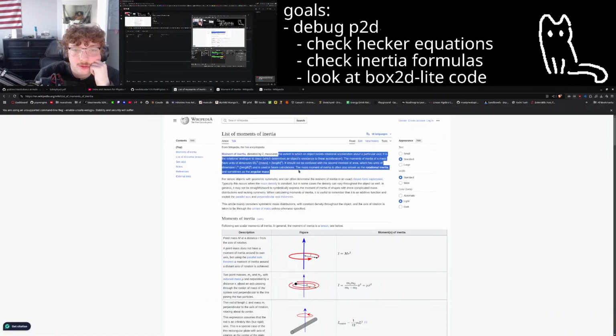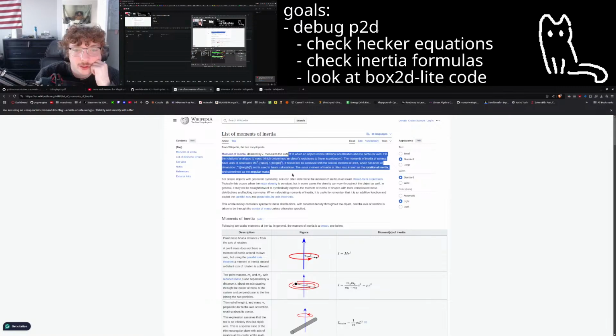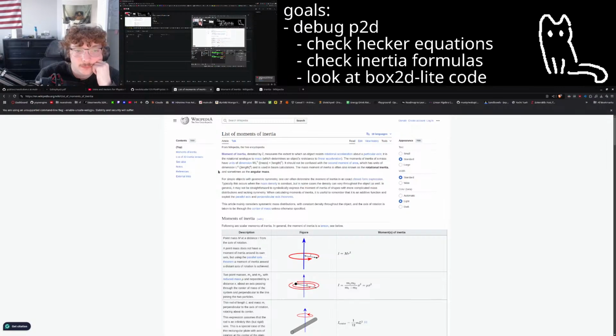The rotational analog to mass. Moments of inertia of a mass have units of dimension ML, mass length. So it directly correlates to the mass. Second moment of inertia. Mass moment of inertia is known as rotational inertia, angular mass.